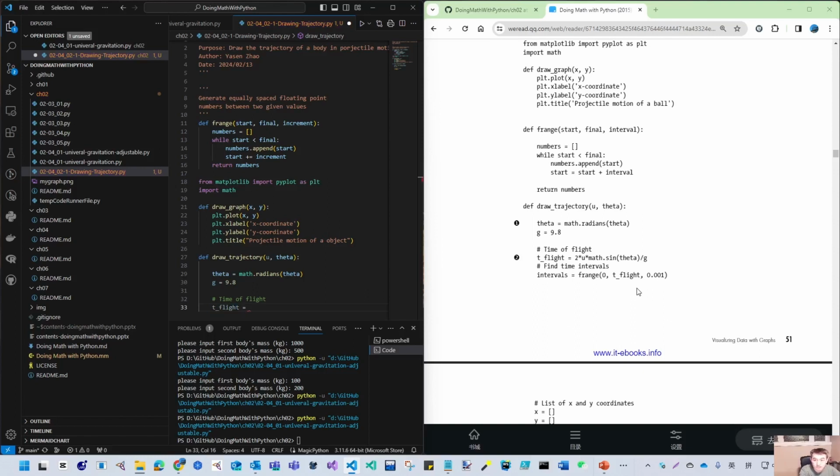That will be better. So 2 times u times sine, but if you want to use sine, you should have math.sin(theta). Now theta is in radians, so divided by g.